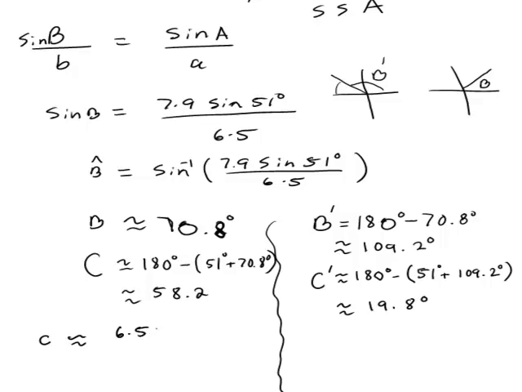6.5 times the sine of A, which was the sine of C. C was 58.2, divided by the sine of A. So the sine of 51 degrees.